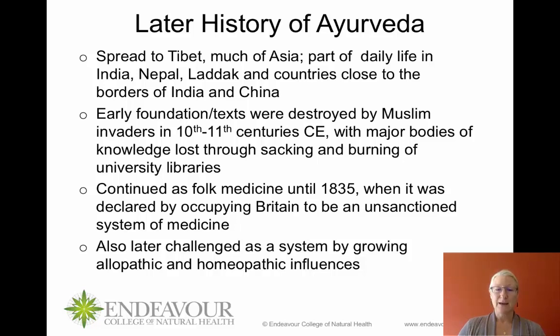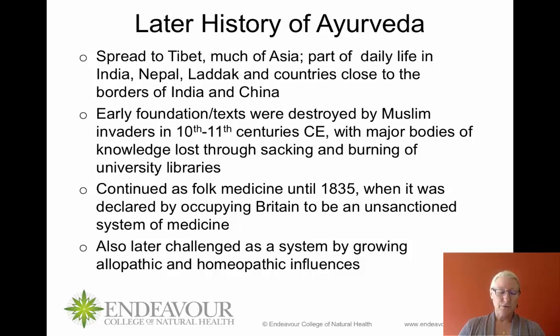It did continue as folk medicine until 1835, and then it was declared by occupying Britain to be an unsanctioned system of medicine, and so it came out of use for some period of time, or at least it didn't come out of use, but it was attempted to be suppressed, I suppose is the way to put it. It has also later been challenged as a system by growing allopathic or homeopathic influences in India.